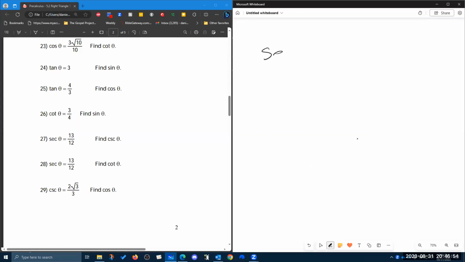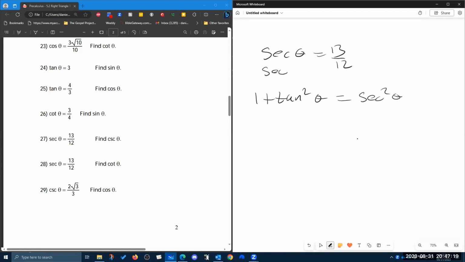My secant, in this case, is 13 over 12. And we want to find cotangent. So let's say if I have 1 plus tangent squared, that's secant squared.